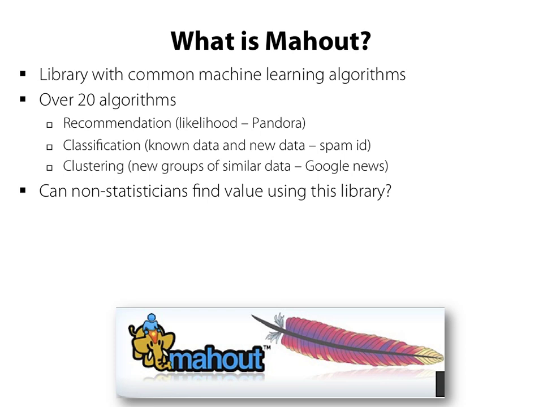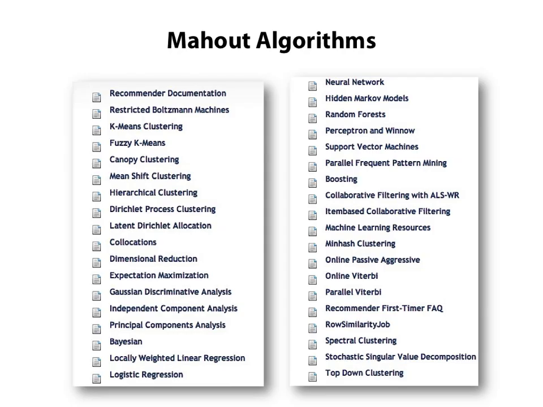Clustering is when you have just groups of data and you do not have any sort of known value. So this is used, for example, to present stories in Google News. And if you are a statistician, this is a list of the currently supported Mahout algorithms. If you come from the Microsoft stack, that's the one I'm most familiar with.